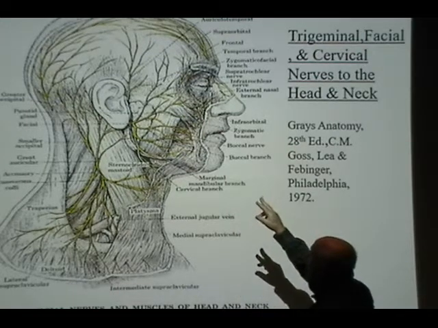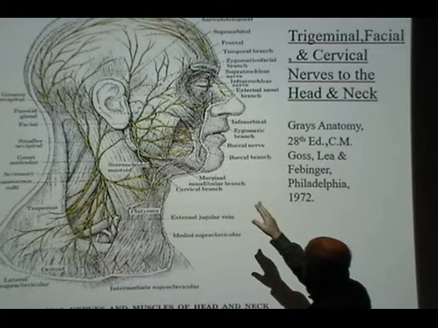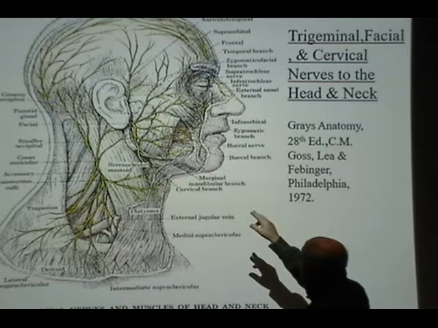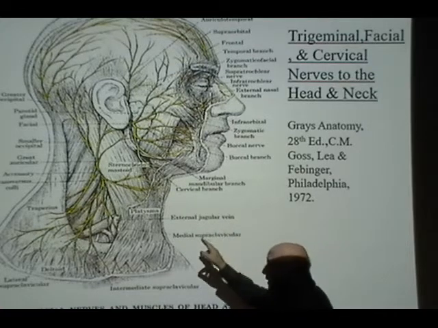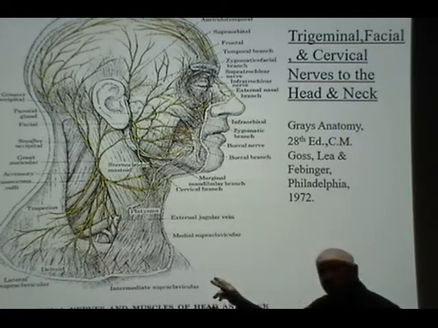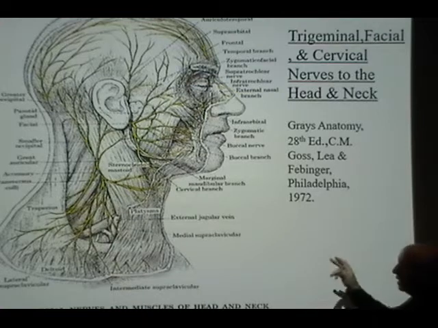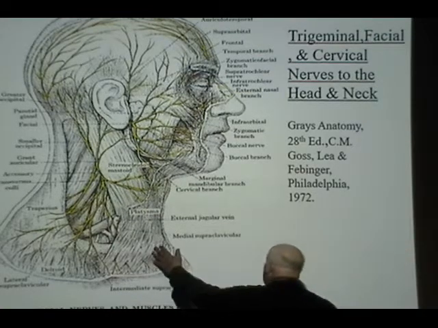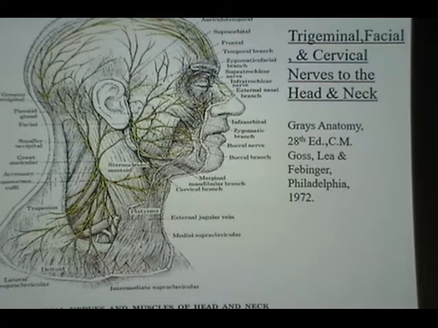And then these 5 large branches, the temporal branch, the zygomatic branch, the buccal branch, the mandibular branch, and the cervical branch. The cervical branch is probably one of the easy ones to define because it goes only to the underside of this very thin, flat muscle called the platysma. And then these cervical muscles down below and behind.